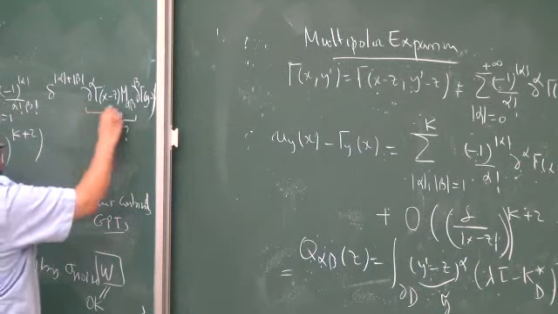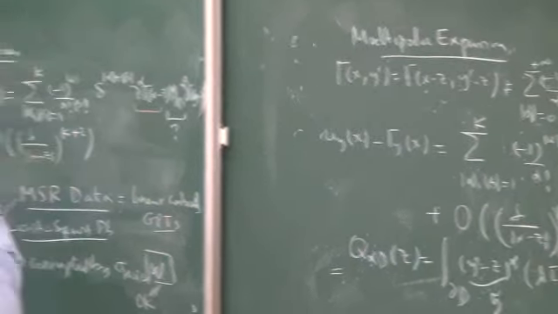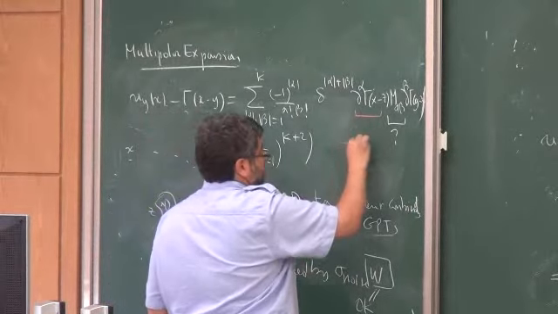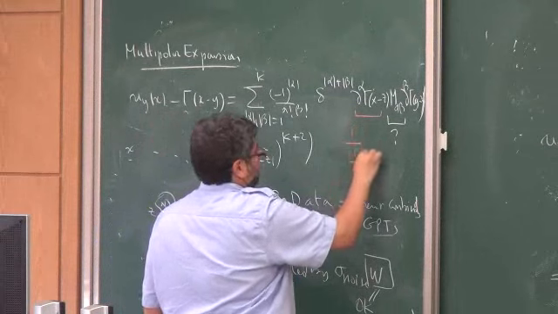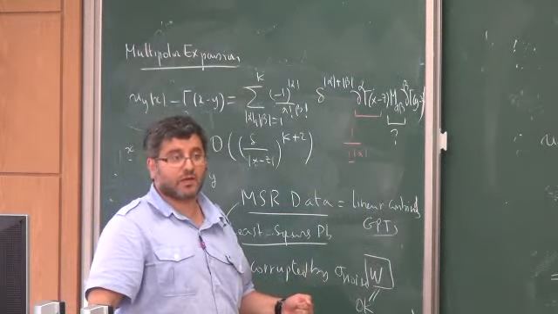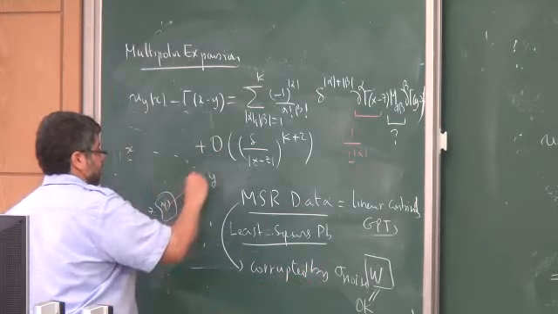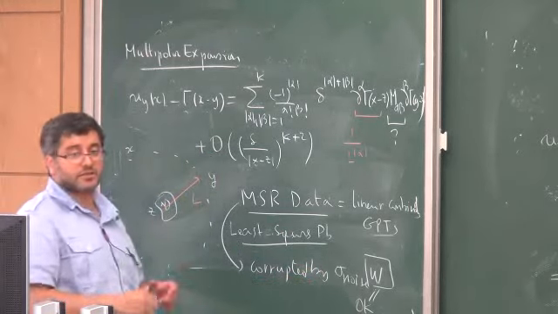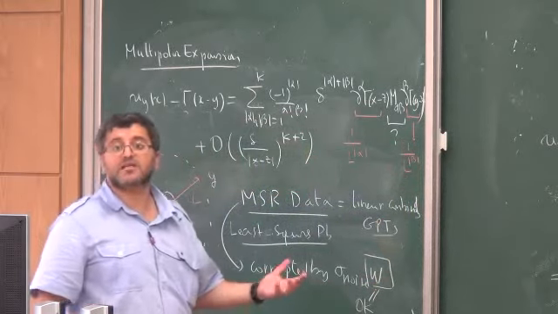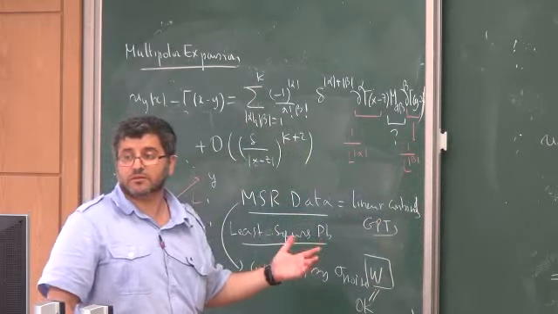This one behaves like what? It behaves like 1 over the distance to the power alpha, right? One derivative is like 1 over L. L is this distance to the array. This one behaves like 1 over L to the power beta.